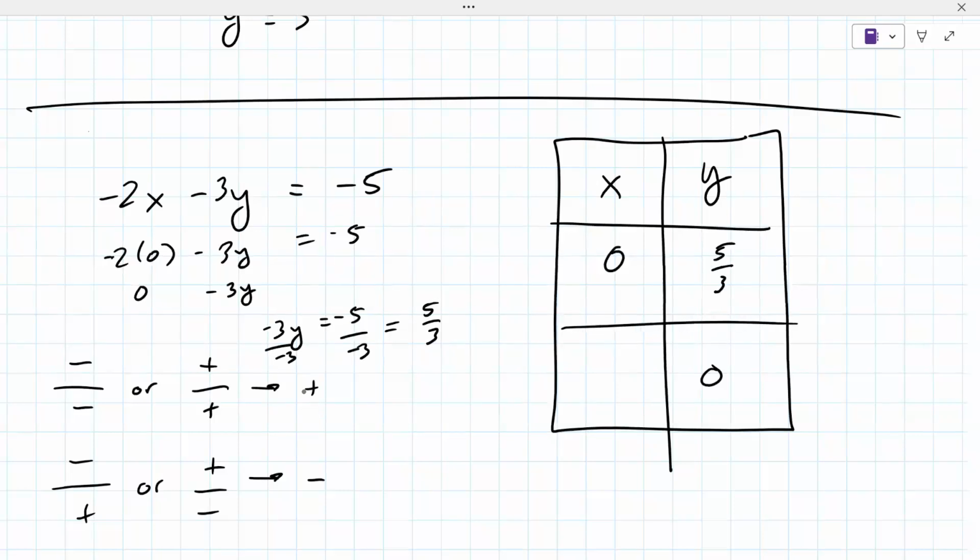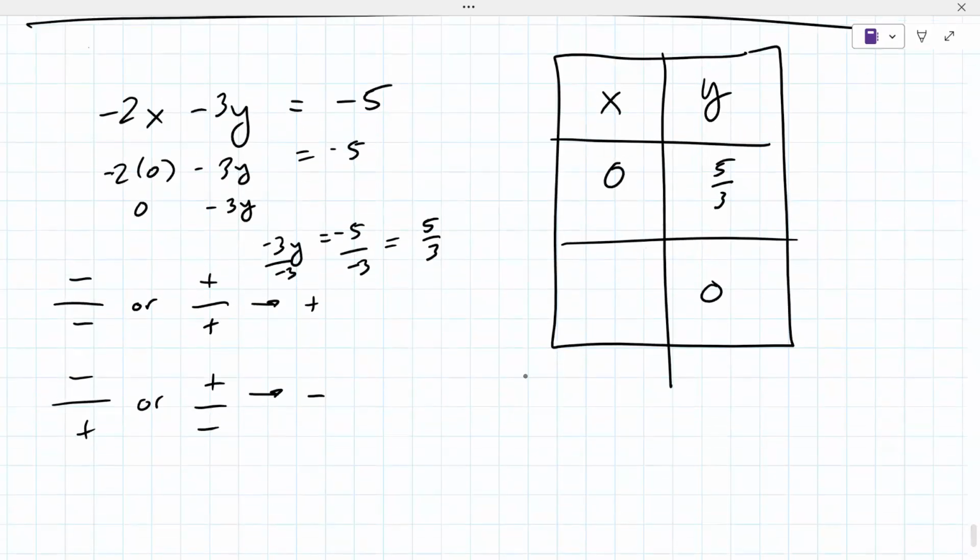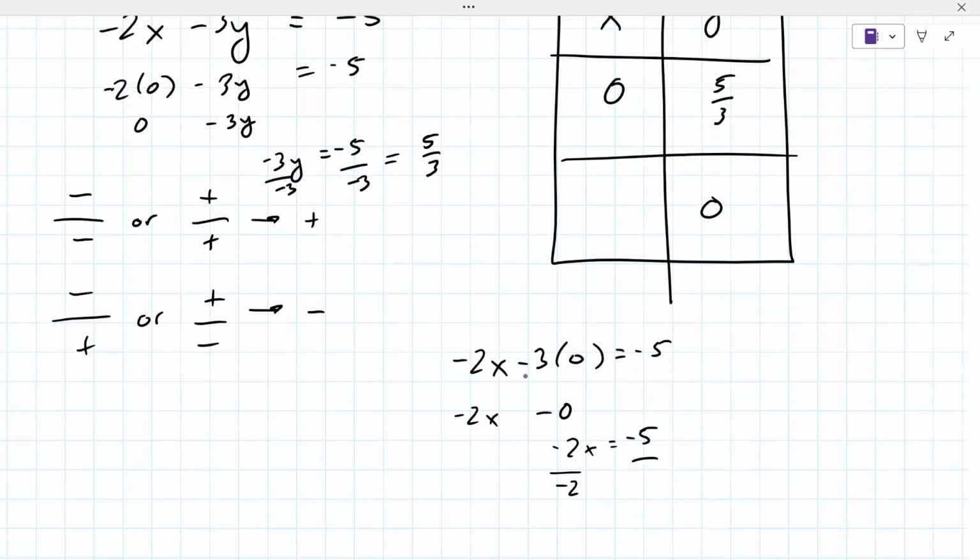Similarly for the other one, -2x minus 3 times 0 equals -5. 3 times 0 is 0, so it's -2x equals -5. You divide both sides by -2. You get x equals 5 over 2. Yeah, I just need to pay attention to the sign.